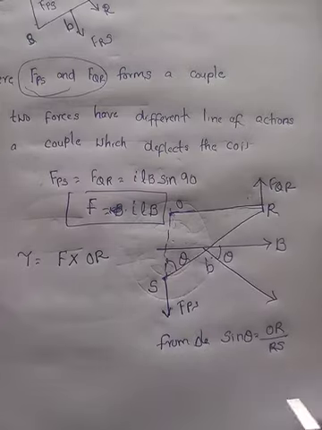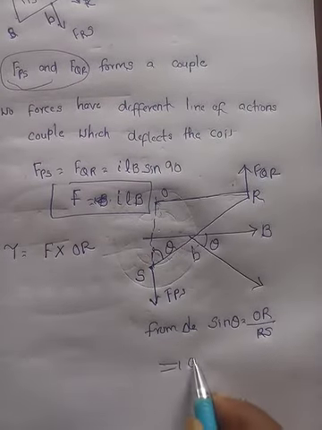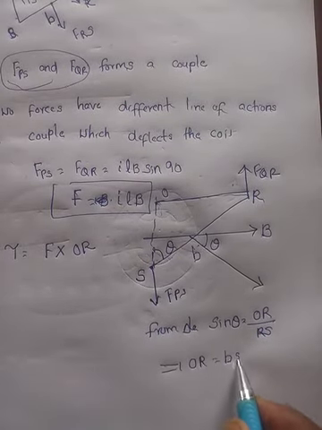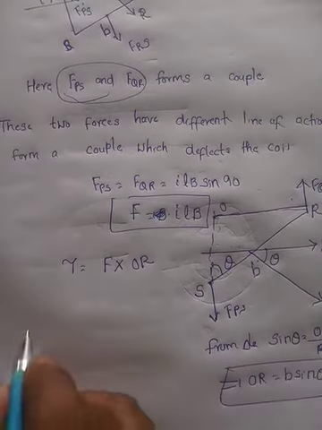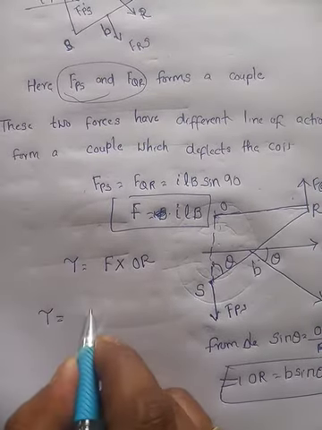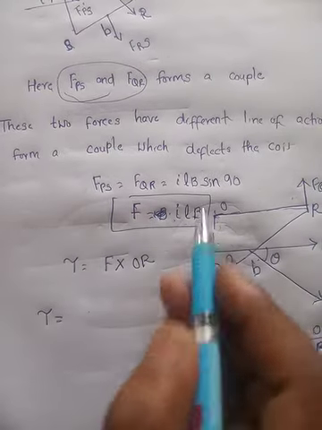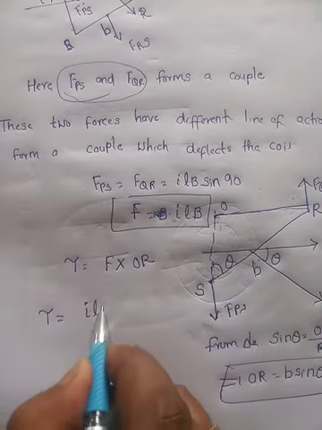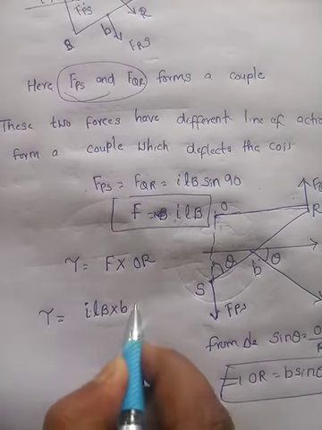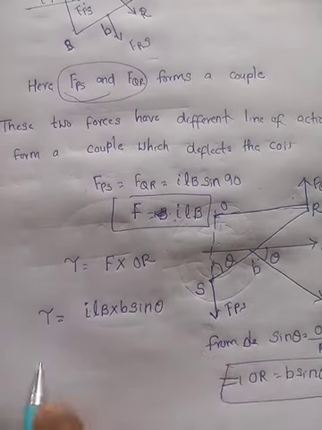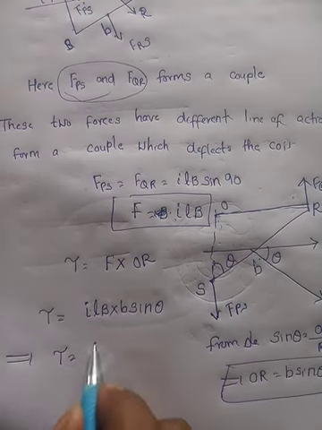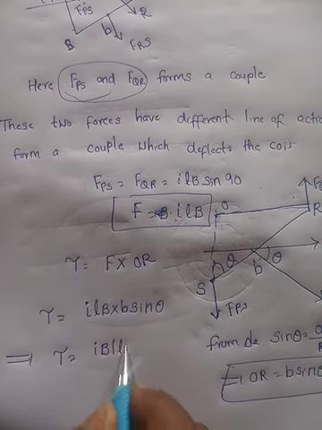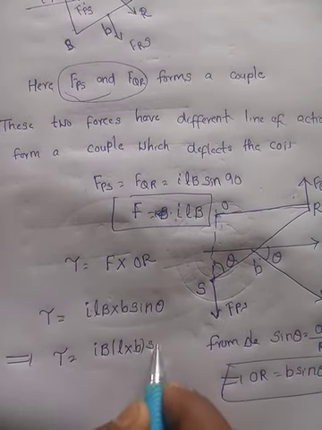This value is B. So OR equals B sin theta. So we calculated the perpendicular distance. Substitute here. Tau is equal to force, which is ILB, into B sin theta. That implies tau is equal to IB into L into B sin theta.